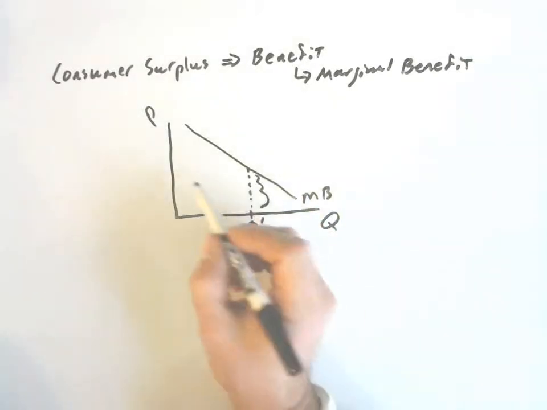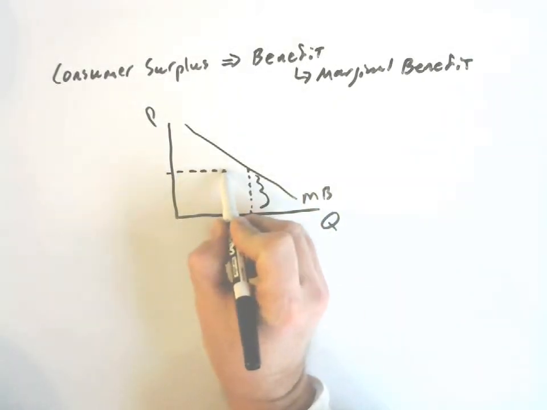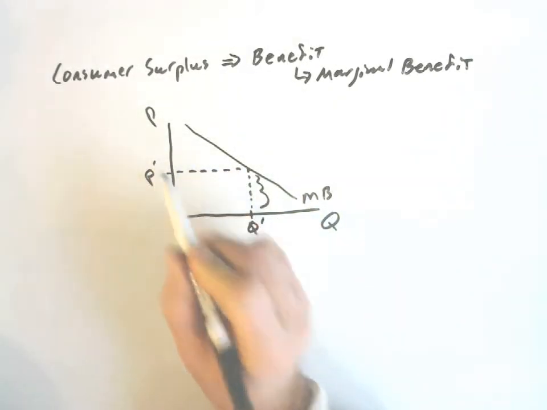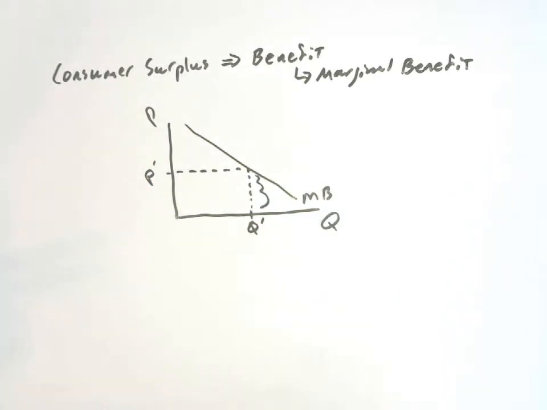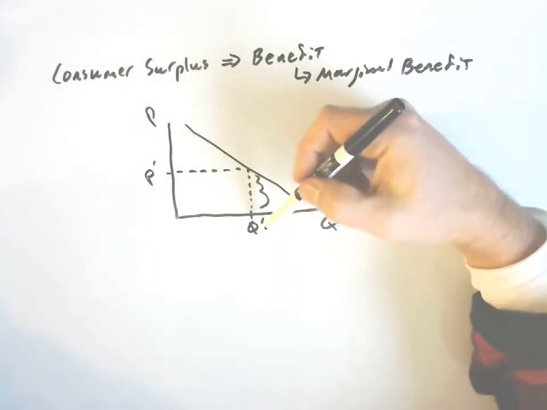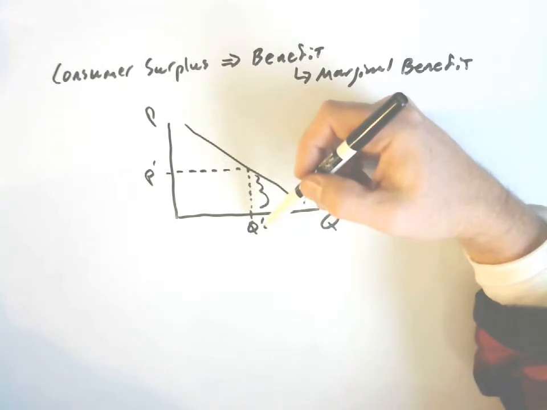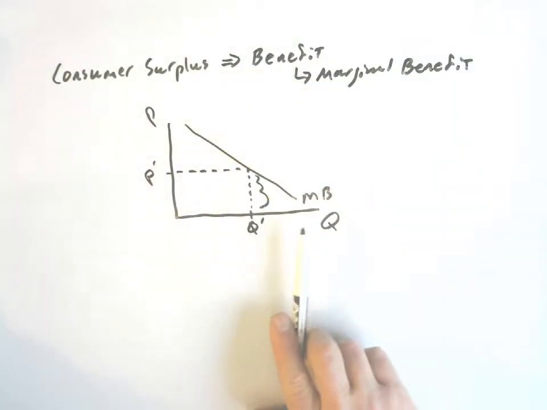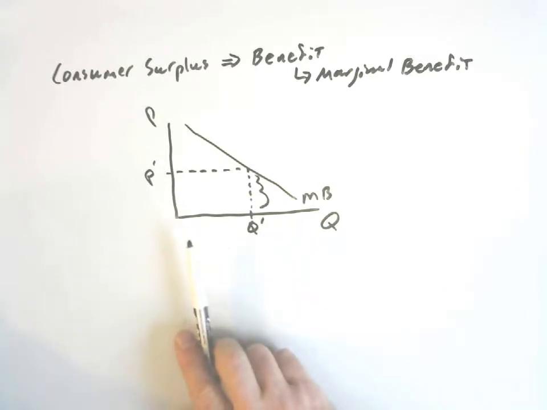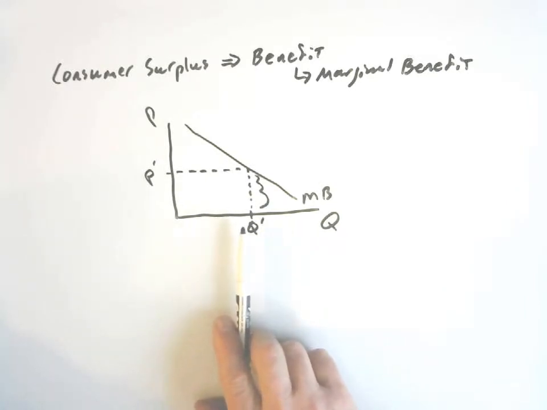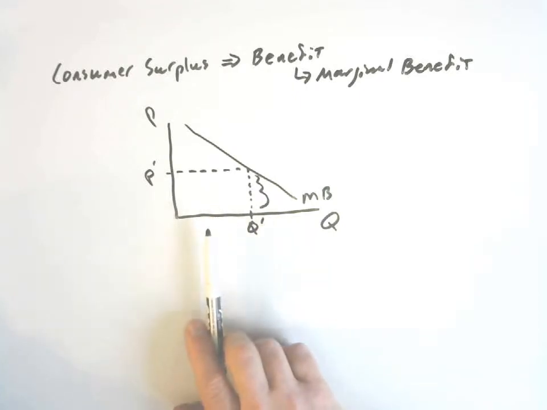And therefore that would be the price I would be willing to pay for that Q primed unit. So marginal benefit conceptually says, what would I be willing to pay for whatever unit I desire to consume?